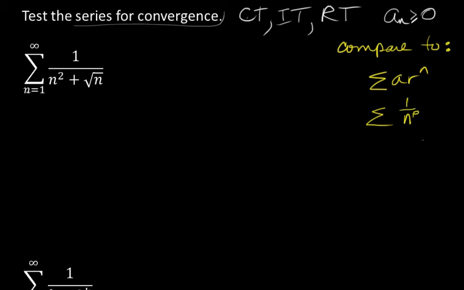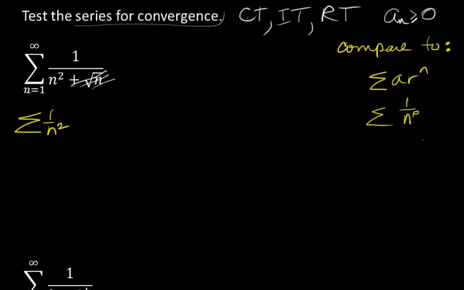So look over here and say, well, what after n is 40 billion, what's the most powerful thing? Well, it's the n squared. This makes little difference, so you just kind of ignore it. I'm not really crossing it out, but I'm just ignoring it. And we can see that what we're going to compare to then is a p-series, 1 over n squared, and we know that does converge.